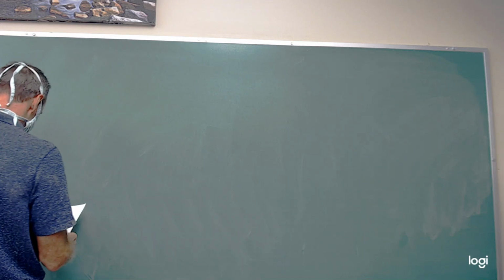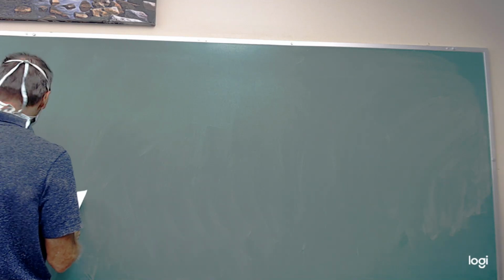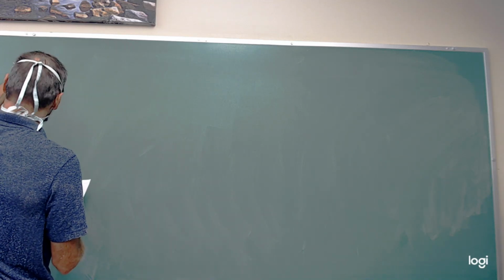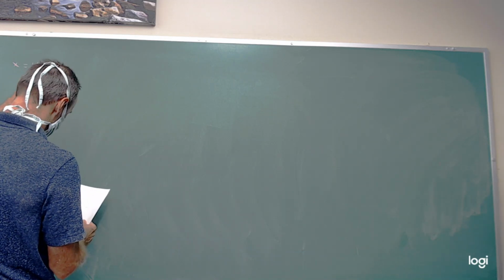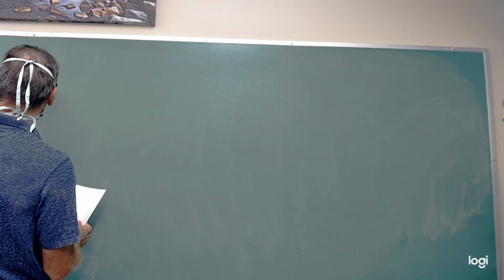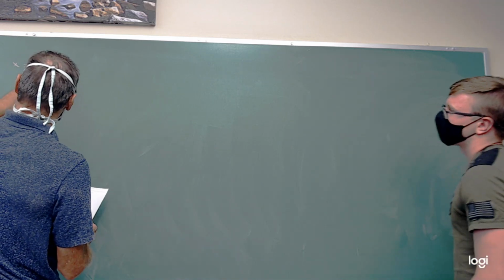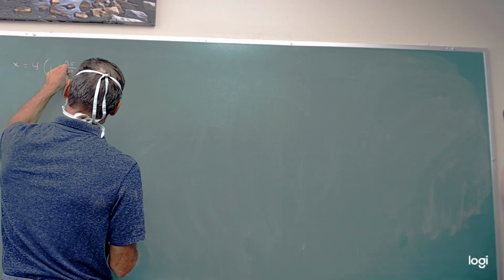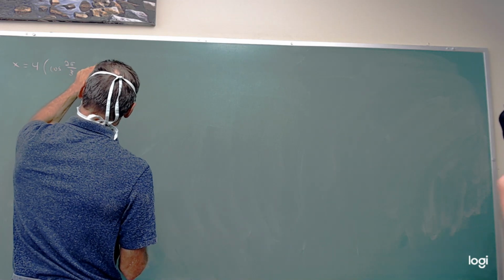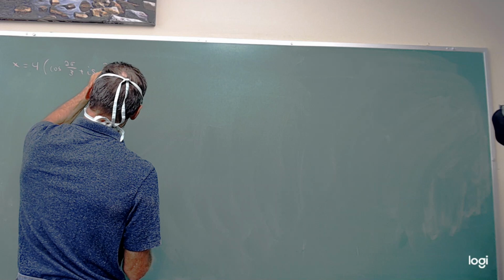Okay, so let's say that X is 4 times cosine of 2 pi over 3 plus i sine 2 pi over 3.